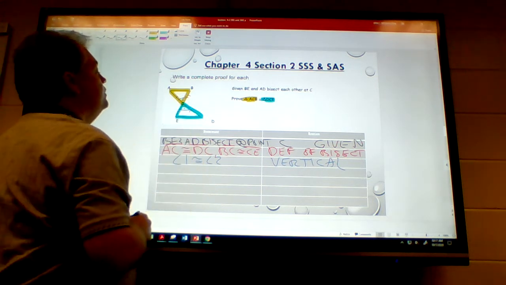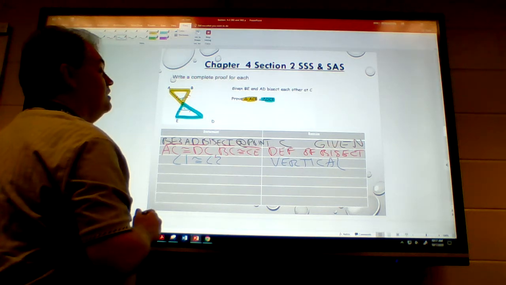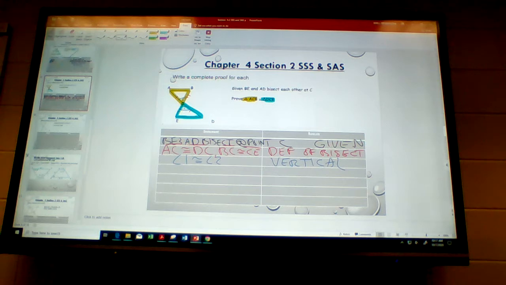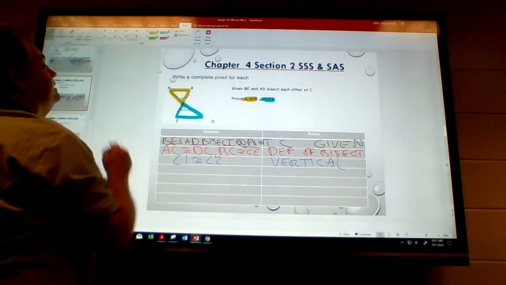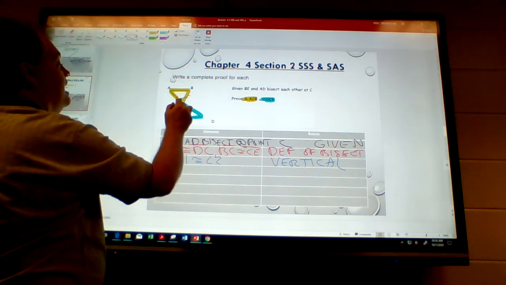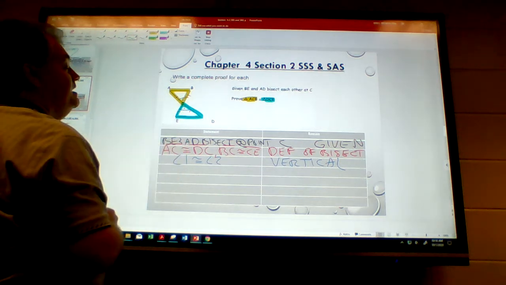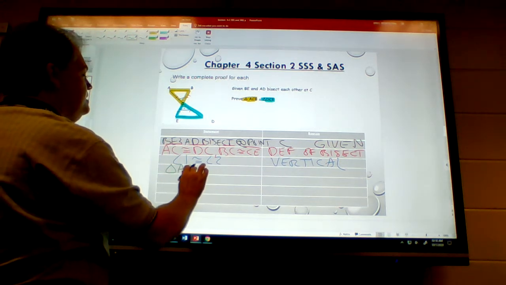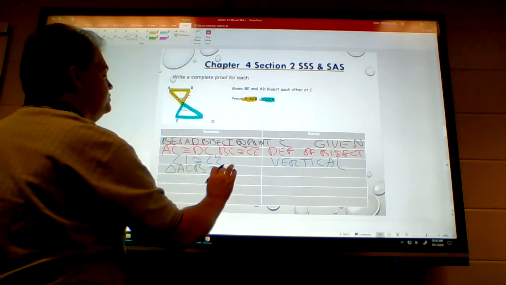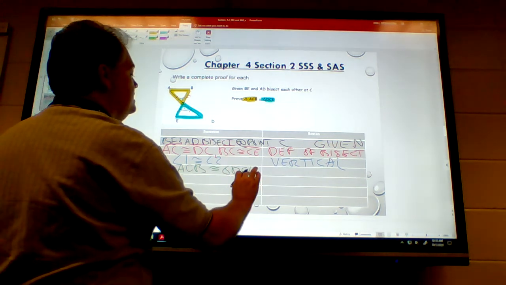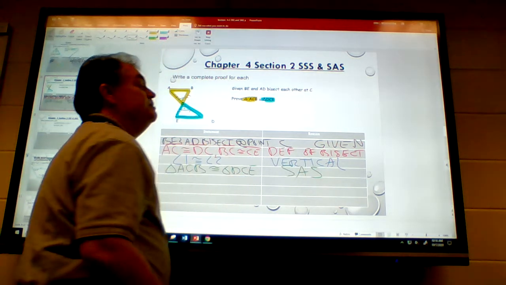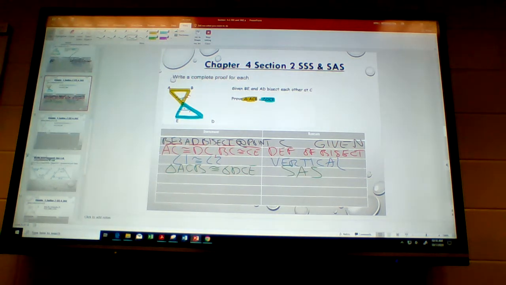Now the question is, do I have enough to prove triangle congruence? Well, let's look. I have side, I have the angle that they share, and the other side. So yes, triangle ACB is congruent to triangle DCE, and that is by the side angle side congruence postulate, or just side angle side.